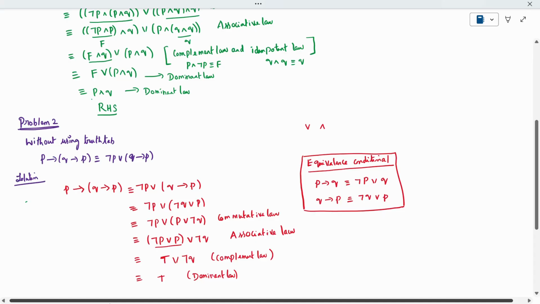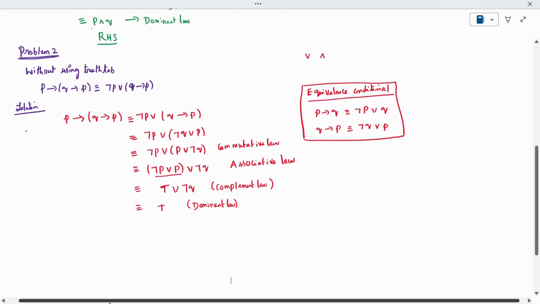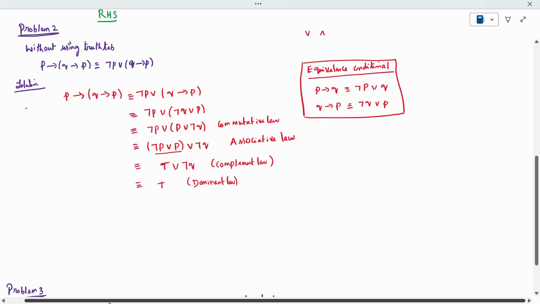The same way, right hand side we have to prove. So I'm going to take the right hand side, negation P, disjunction Q conditional on P. So same thing when I take it.